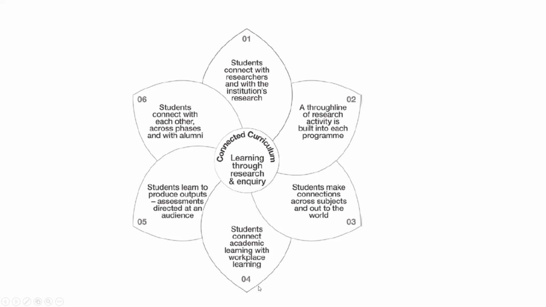Okay, the next one round, we've got students connect academic learning with workplace learning. And you'll probably immediately think of internships here, and that would be your classic example of making that connection between the classroom and the workplace, preparing the student for professional practice. But the other way is also possible.